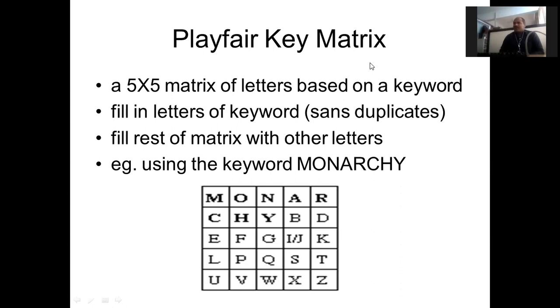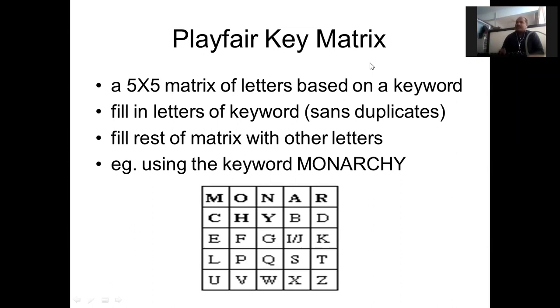So at the time of selecting the keyword, I have to choose keywords which have more and more characters, and many letters should not be repeated again and again. Such types of keywords we need to select.